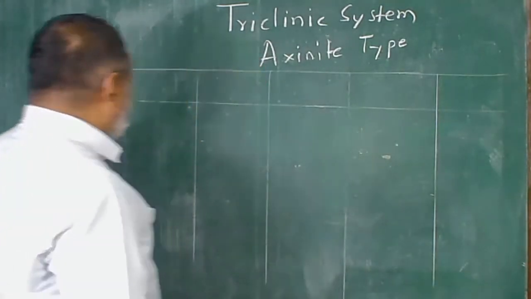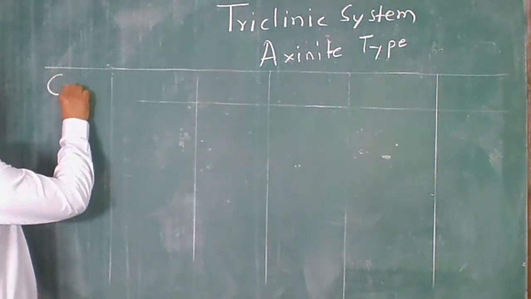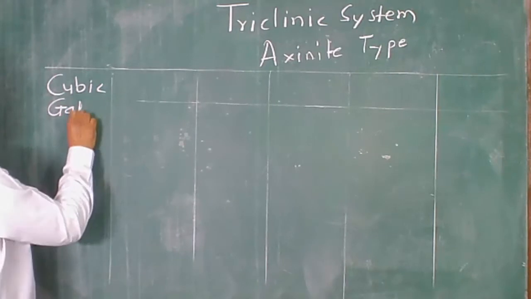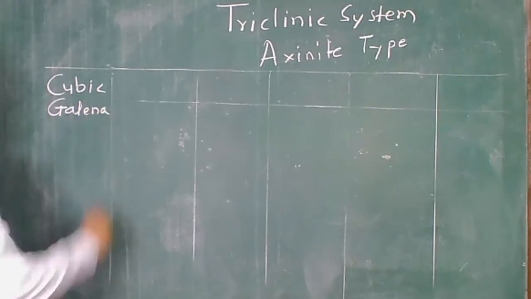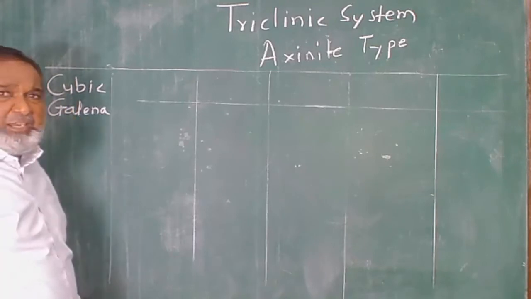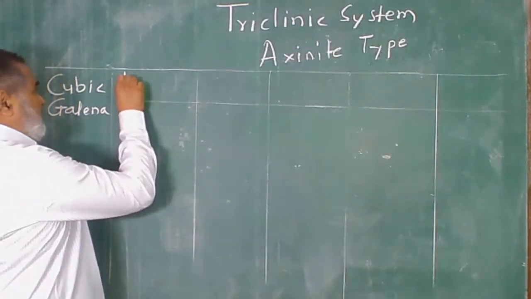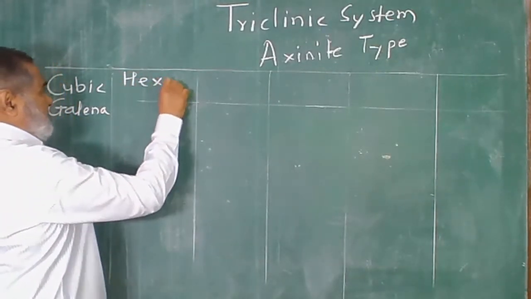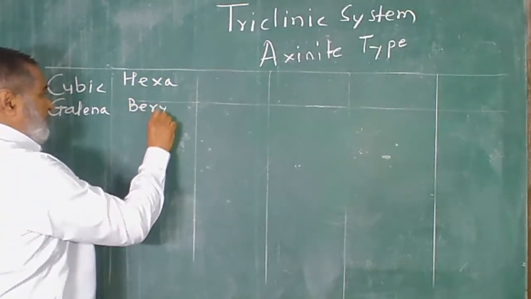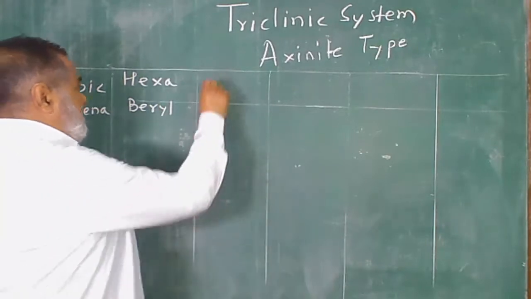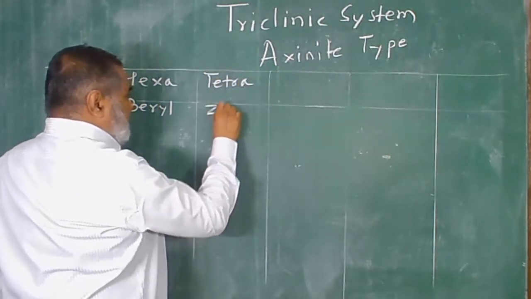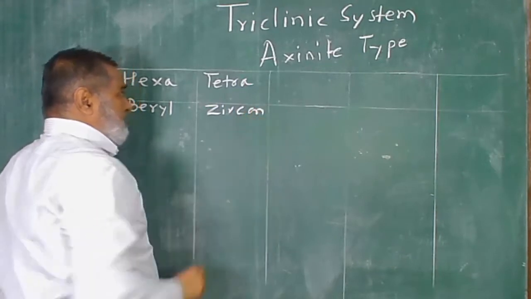In that, the first one we have is the cubic system. Cubic system is the galena type. Whenever you remember the name cubic system, think galena type. Then the next one, hexagonal system, is the beryl type. Next one is the tetragonal system, which is the zircon type.